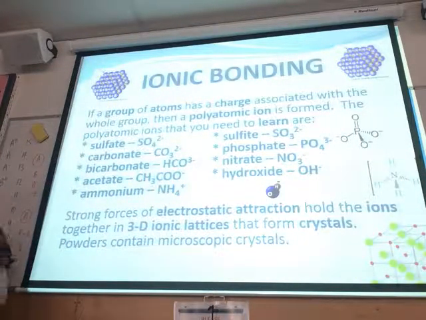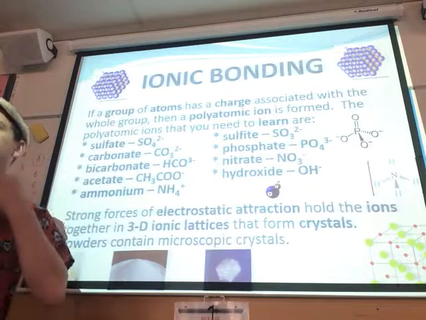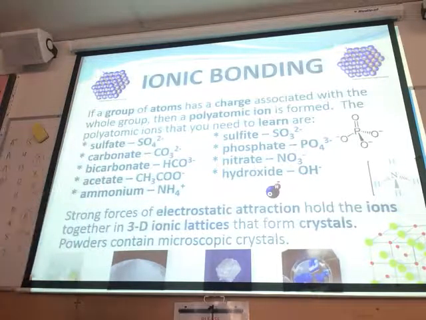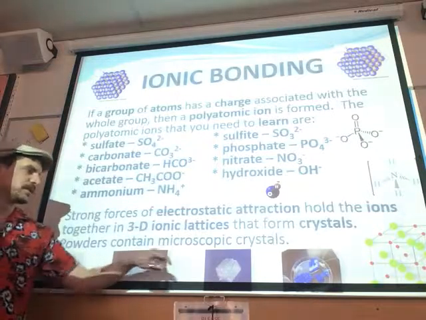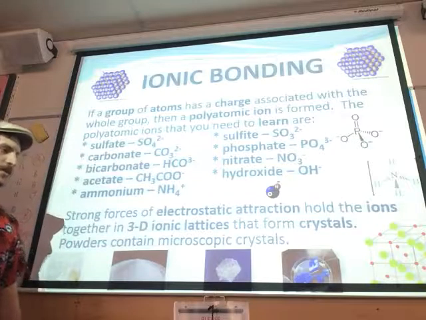Strong forces of electrostatic attraction hold these ions together in what we call a 3D ionic lattice. If you've got a lattice, you end up with a crystal. Salt exists as crystals when it's solid. Powders contain microscopic crystals. If you've got an ionic powder, you've got microscopic crystals.